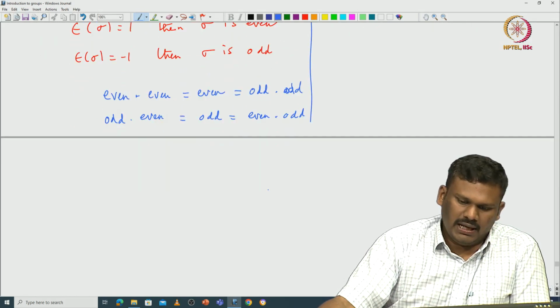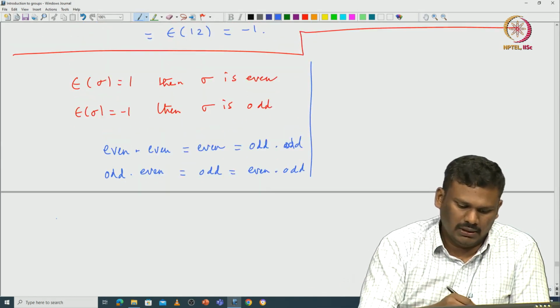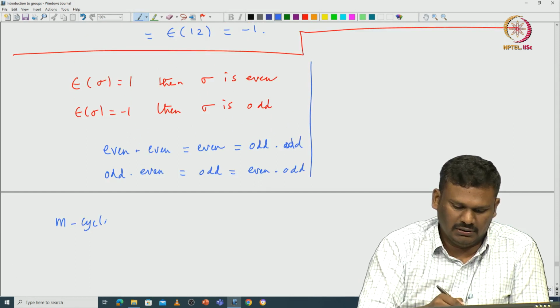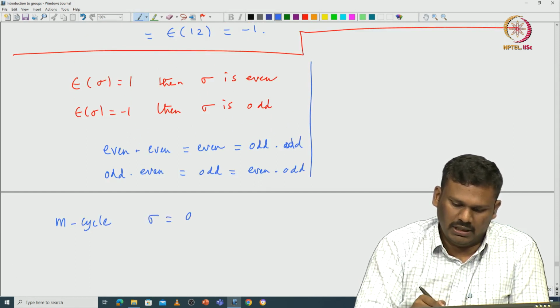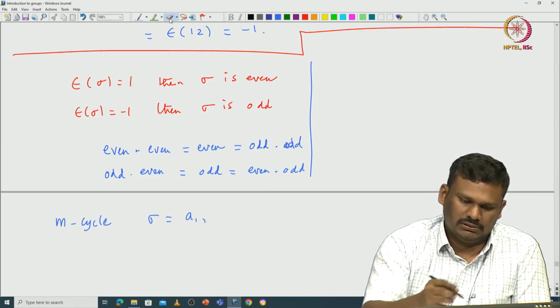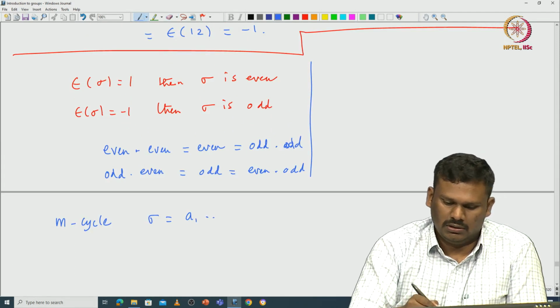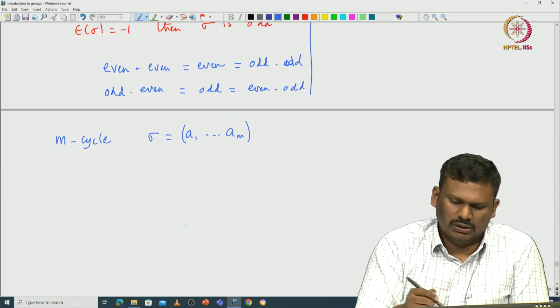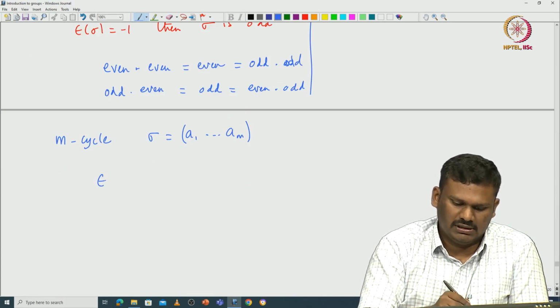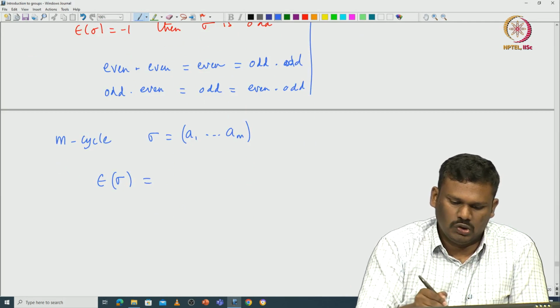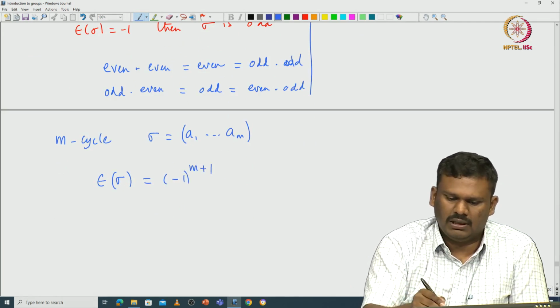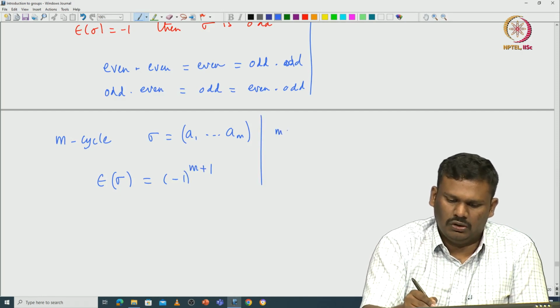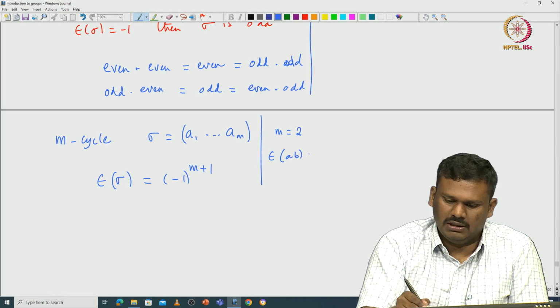Now if you take an m cycle, let us call it sigma, a1 etc. am. Then you can see that the sine of this sigma is exactly minus 1 power m plus 1. Because if m equals 2, then the sine of this a b is minus 1.